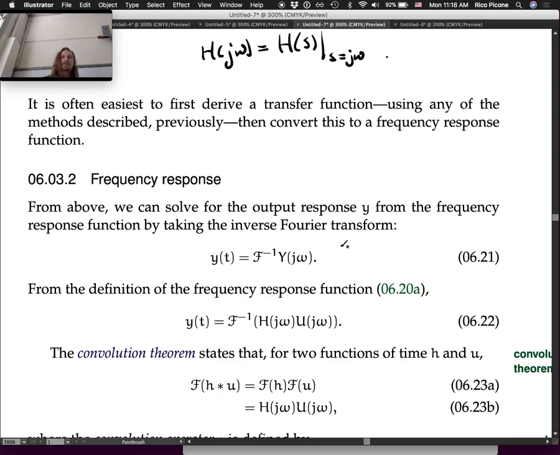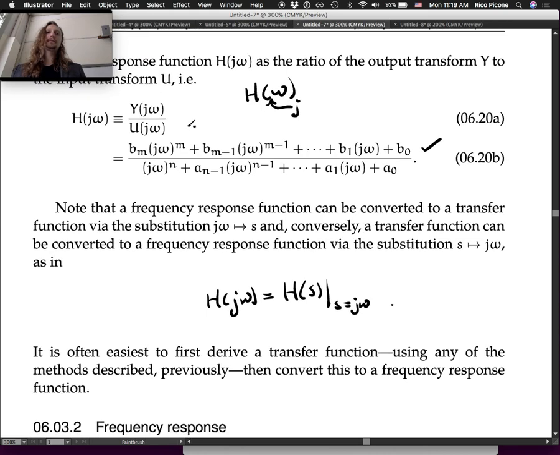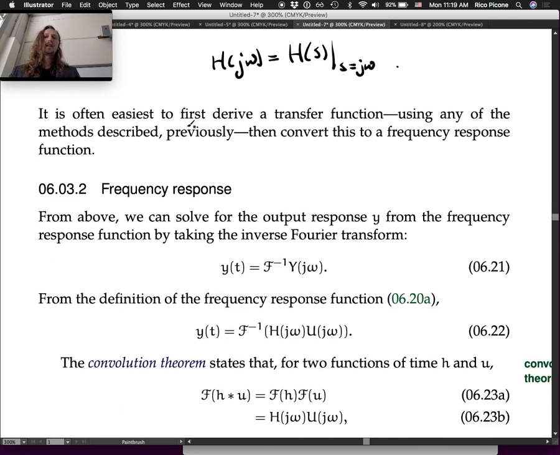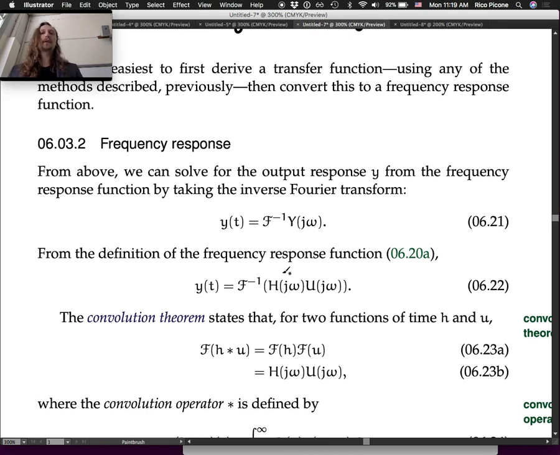From the definition of the frequency response function, which is 620a, so this one here, Y over U, we can just plug in that Y is equal to HU, right? So we need to take the inverse Fourier transform of the frequency response function multiplied by U of j omega, which U of j omega here, we're just saying that's the Fourier transform of the input, okay?